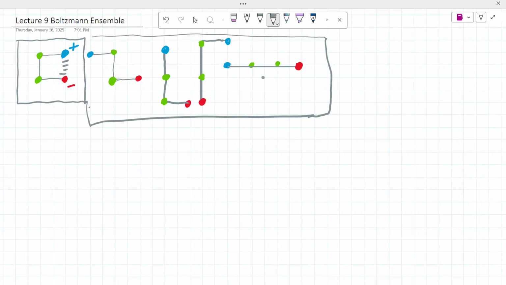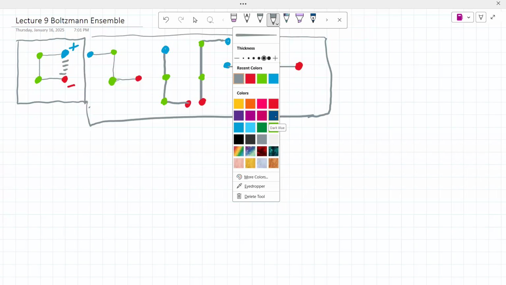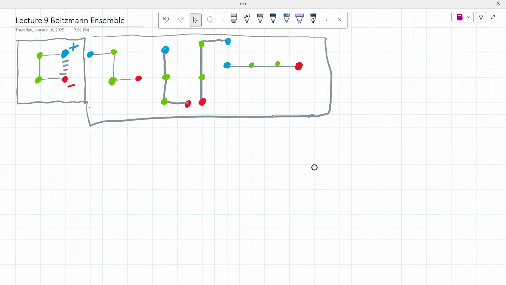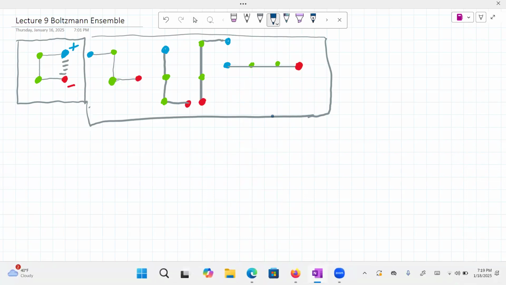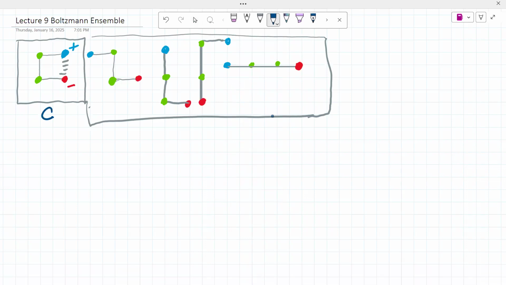Okay, so now let me get to my usual pen color, which I think is this one. Is that right? Okay, so here we're going to have the C shape folded one. Here we're going to have the Z shape peptide. Here we have the L-shaped peptide. Here we have another L-shaped peptide. And here we have an I-shaped peptide.